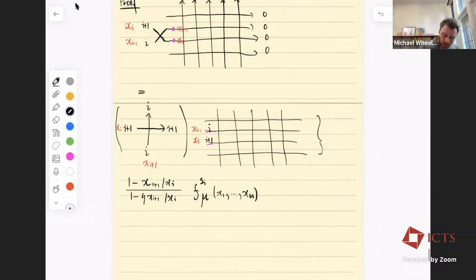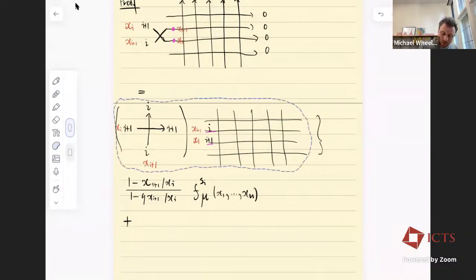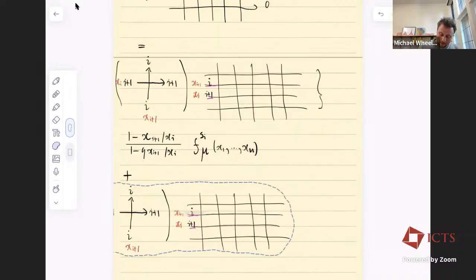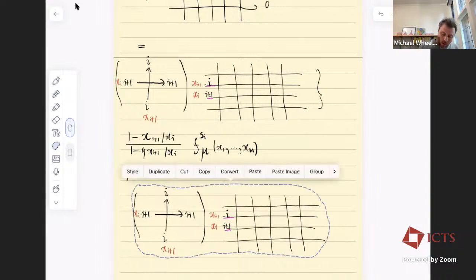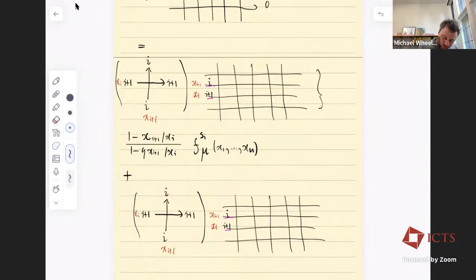So there is that. And then I need to repeat this process for the other possible configuration. And for the other one, the colors head in the other sense. So this one becomes i+1. This becomes i.